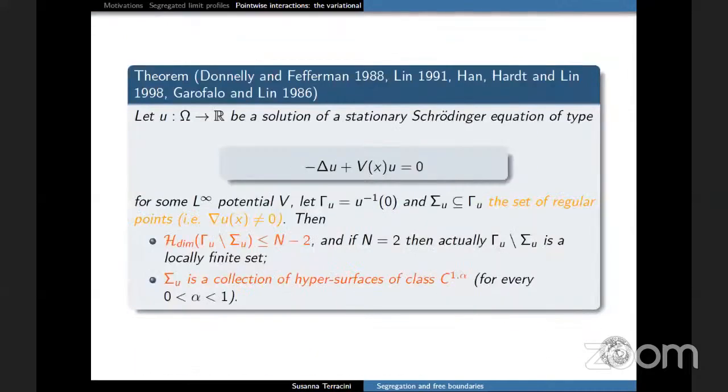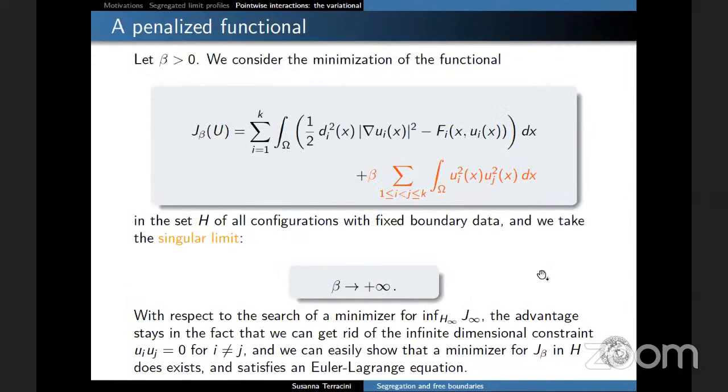Okay, so what happens is that our segregated minimizers, as far as their nodal set is concerned, share exactly the same geometric properties of the nodal set of real valued solutions of the Schrödinger equation.